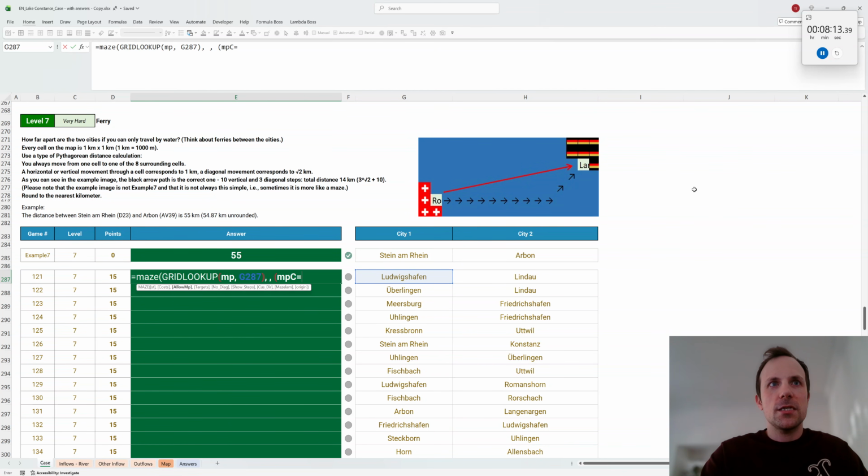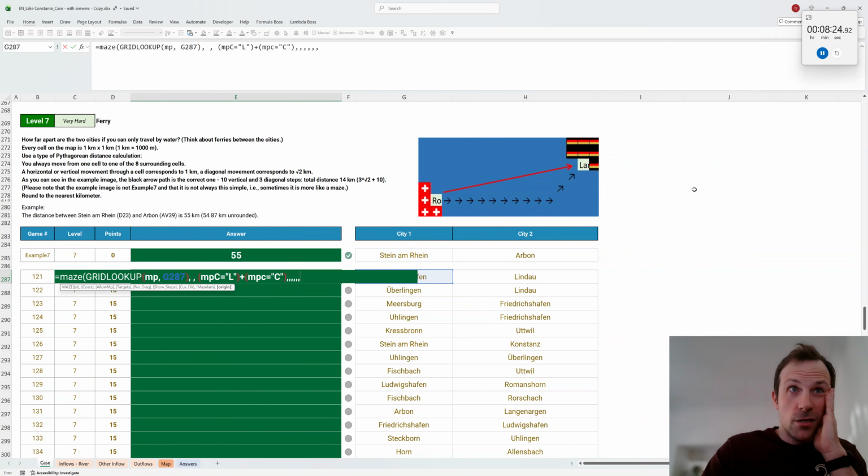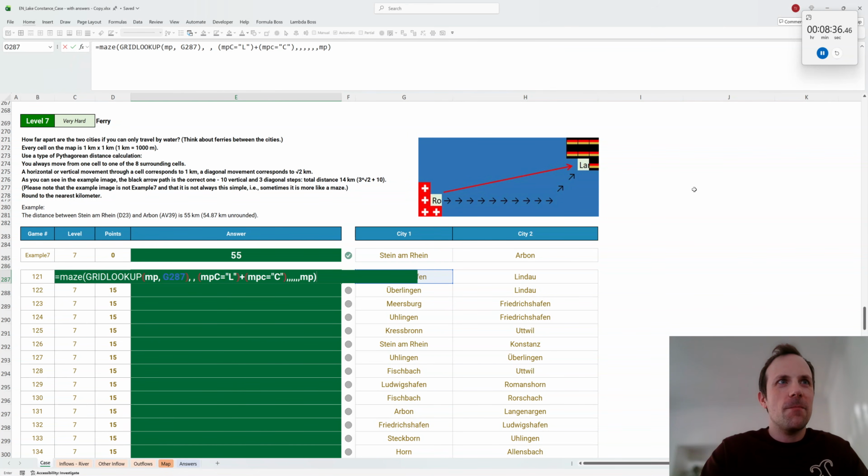So if I just do map C equals lake plus map C equals city, that will take care of that. Technically, I don't need an origin because the original map is located in cell A1, which means the maps created by my dynamic arrays will be in the right place, but I'll put one in anyway. And then we need to add a target. So the target is where we're going to, which is grid lookup on map of the second city.